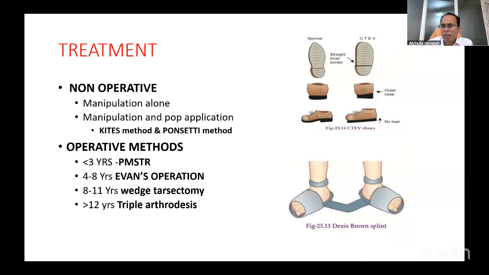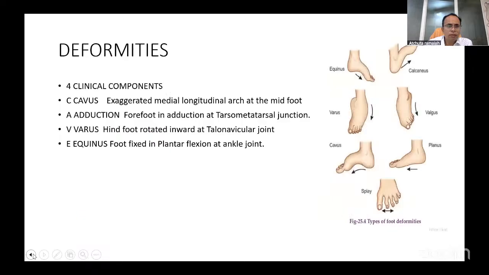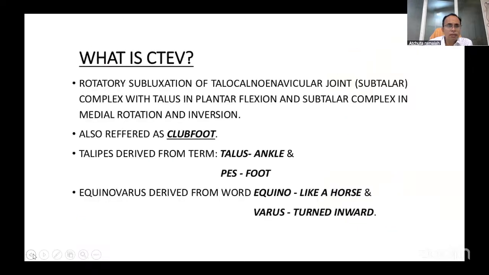Or by a surgical method, percutaneous tenotomy of the tendoachilles. So these are the steps we have to remember in the treatment part. In brief, this is regarding the CTEV. I would like to just combine everything I told in these 5 slides.